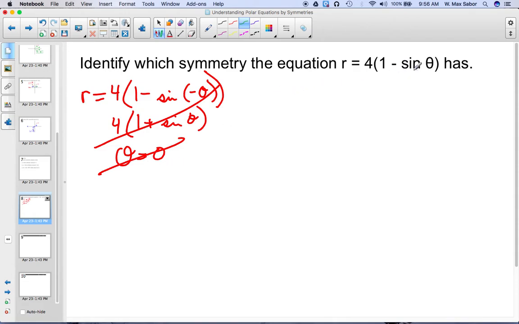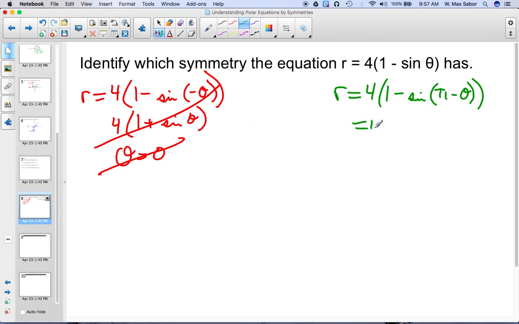The second one, if we replace sine of theta with sine of pi minus theta, I believe that does give back sine, yes.